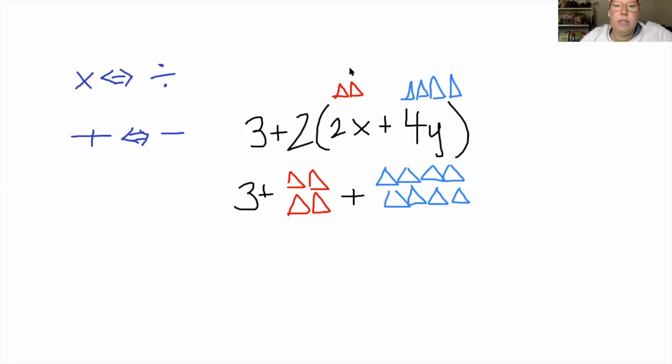Now, the question is, what do I have total? 3 plus 1, 2, 3, 4. 4 pawns, but pawns is x, plus 1, 2, 3, 4, 5, 6, 7, 8 a y.